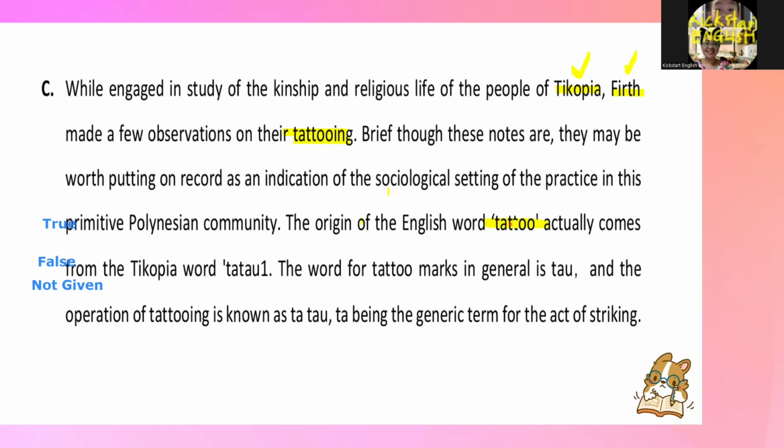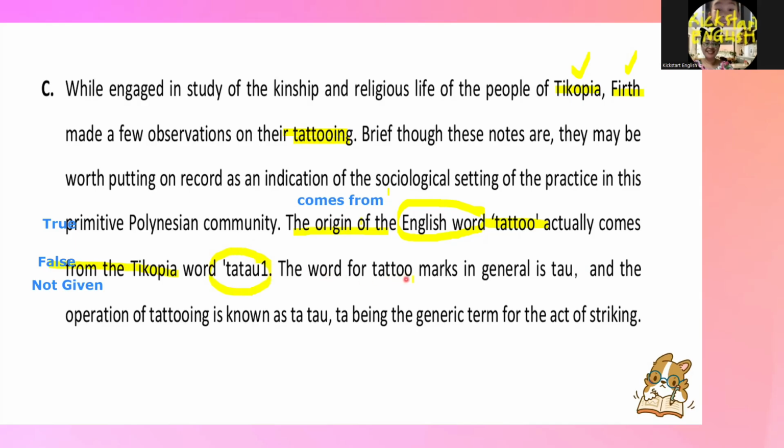Not only that, we also found some keywords in English word. If we go backward, we have the word origin. Origin means where something comes from. And if we continue reading, the origin of the English word tattoo actually comes from the Tikopia word tatau.